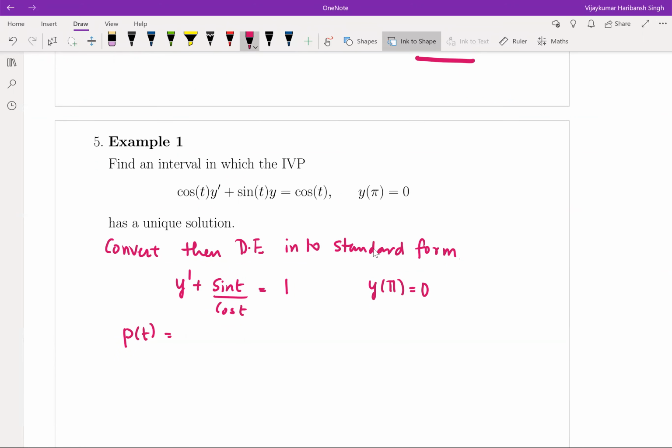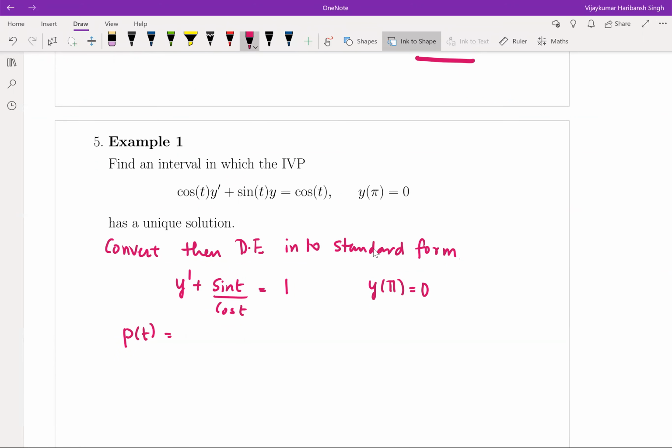Both tan t and cos t over cos t, which is your G of t, are continuous except when cos t equals 0. After all, tan t is also sine t over cos t.